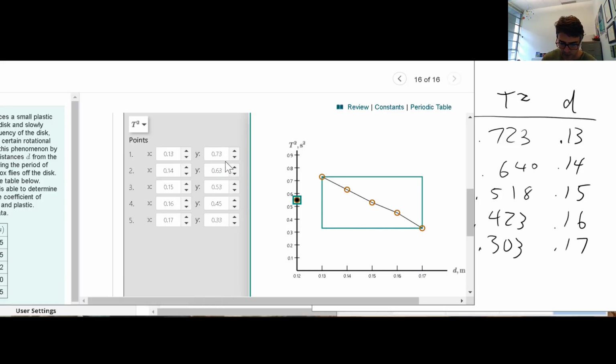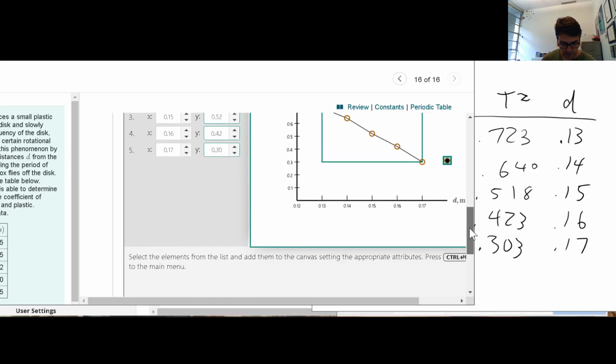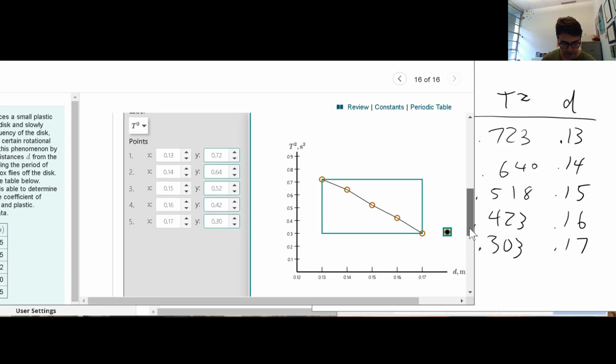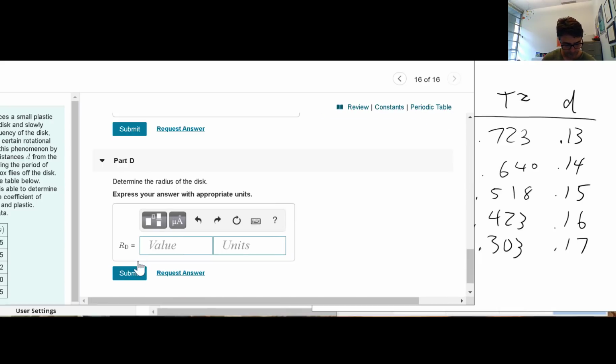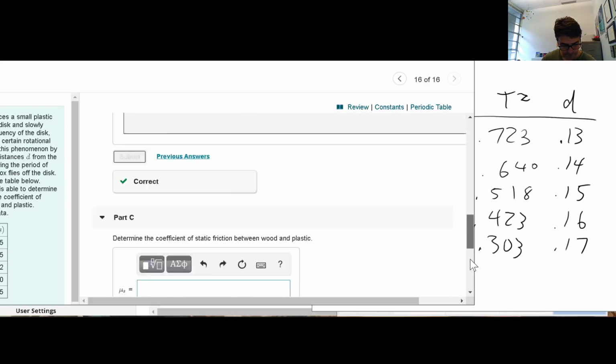And just make sure these are right. 7.2, 6.4, or 0.64, 0.52, 0.42, and 0.30. Okay. So it's just a downward sloping graph, and it looks pretty linear.